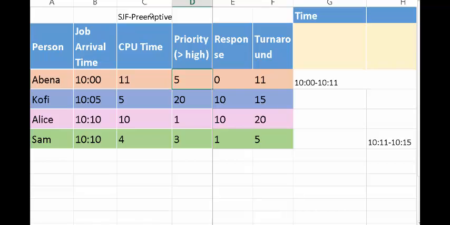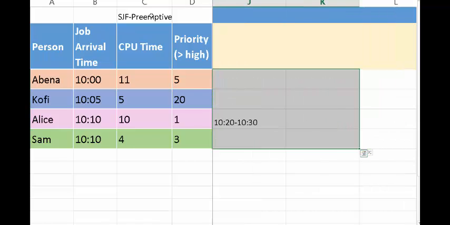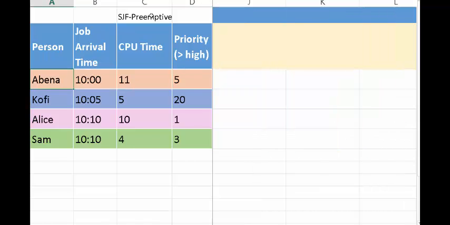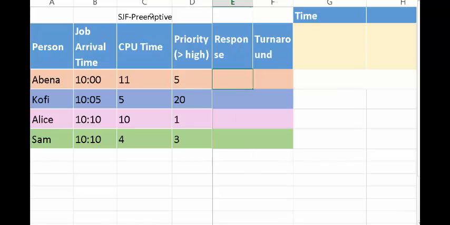For preemptive, we are going to be stopping people if people arrive, and look at who has the shortest job. So Abena comes in, she starts at 10. But preemptive means if someone comes in with a shorter job, they will get to go. While Abena was running at 05, Kofi came with a shorter job.